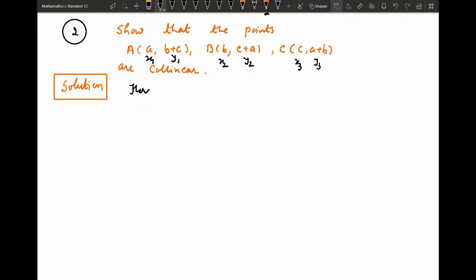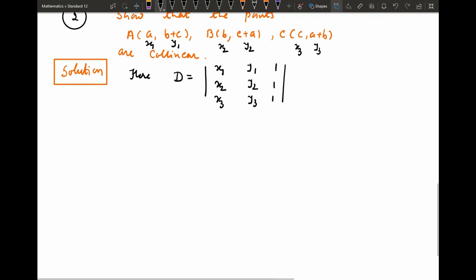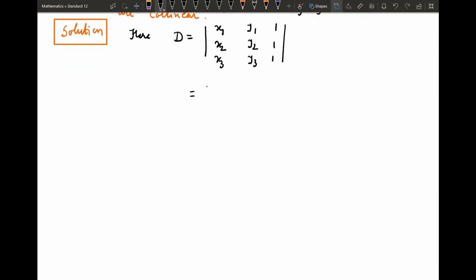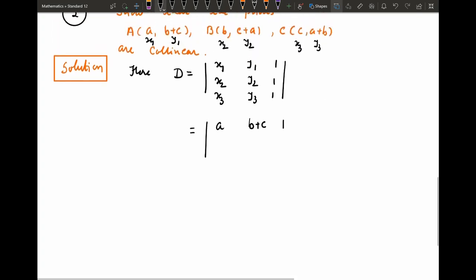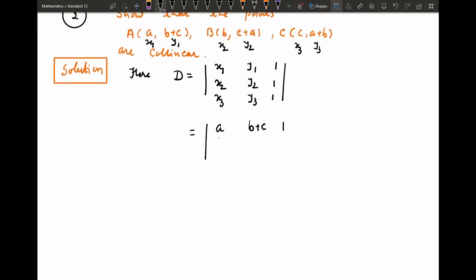So here determinant D is x1 y1 1, x2 y2 1, x3 y3 1. So this determinant is a, b plus c, 1; b, c plus a, 1; c, a plus b, 1.